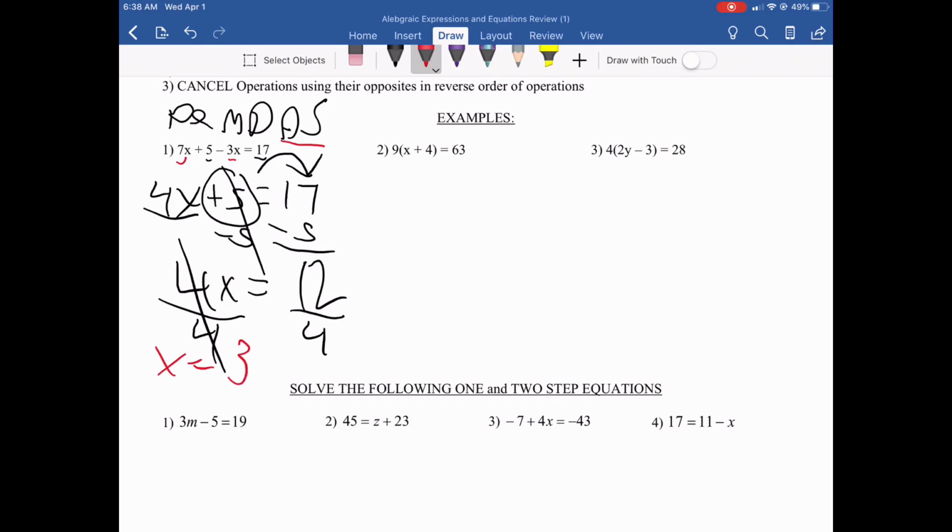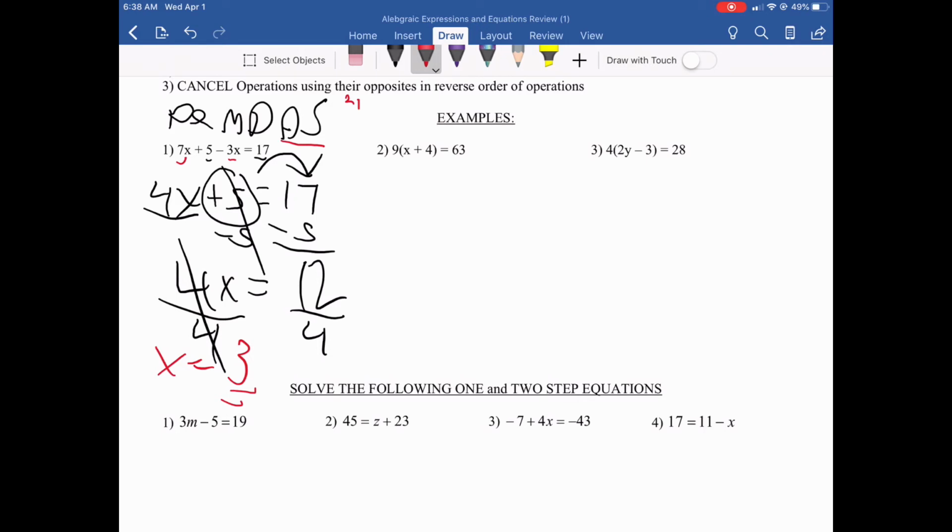Now, if you are worried that you're not sure that you did it right, we can check your problems. This is how we check your problems. We're going to write it over here for this one. 3, which is x, times 7 is 21. 3 times 3, negative 9.